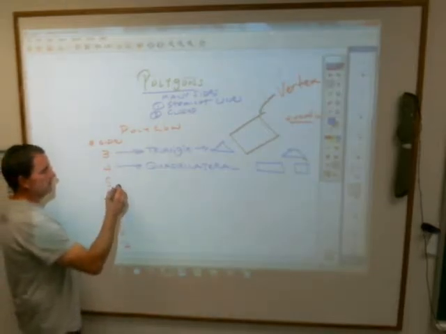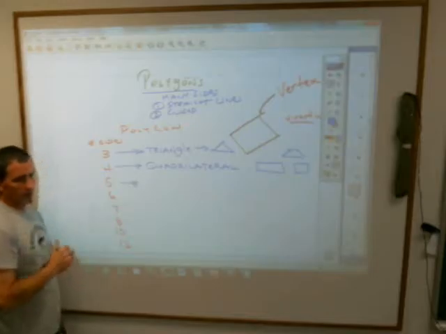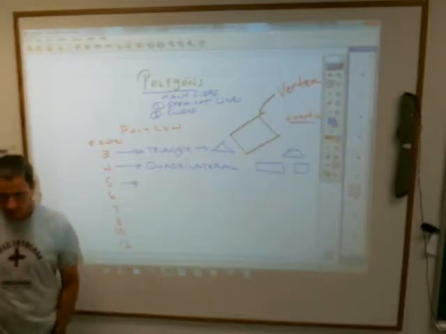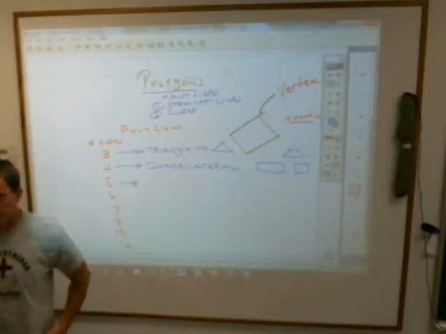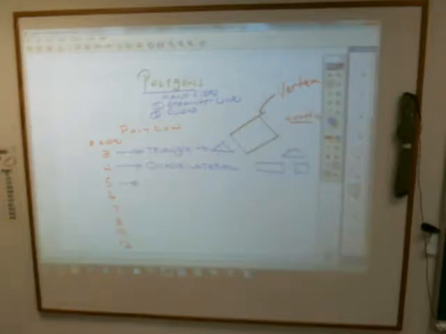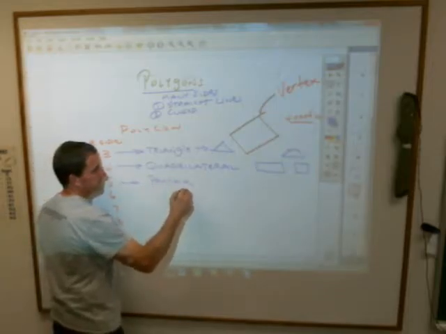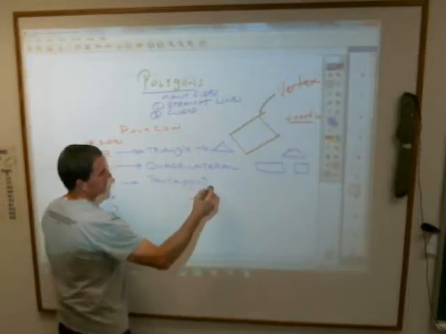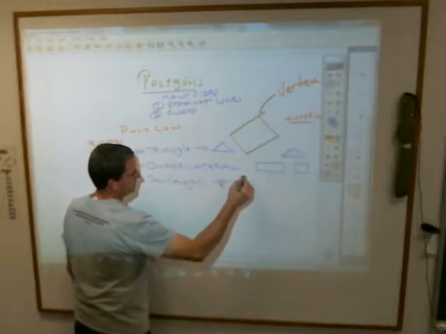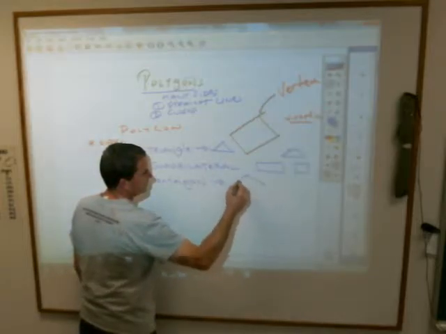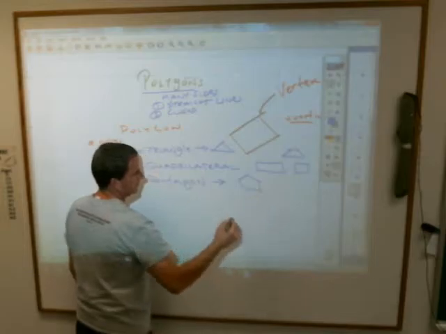5-sided shape, anybody? Anybody been to Washington, D.C.? The head military place of the United States is called the Pentagon, yes. A 5-sided shape is a pentagon. And it has 5 sides. Let's see, 1, 2, 3, 4, 5.